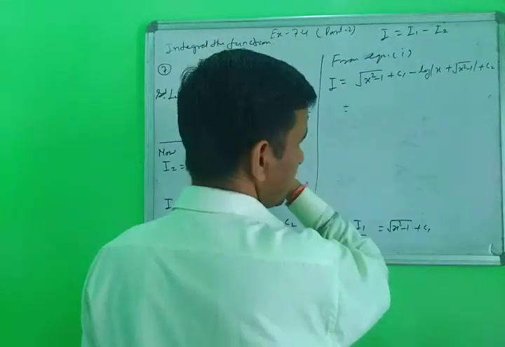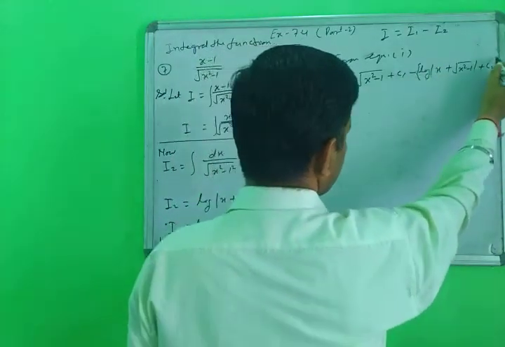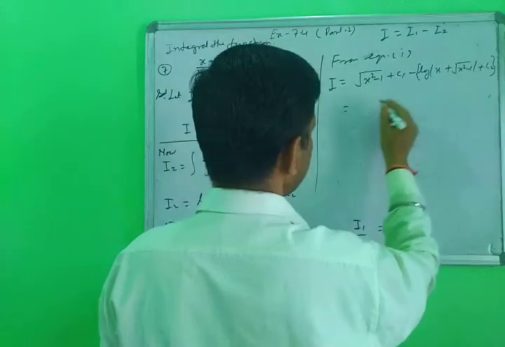So what value comes for c1 and c2? c1 minus c2.